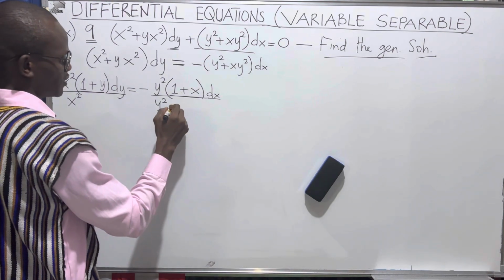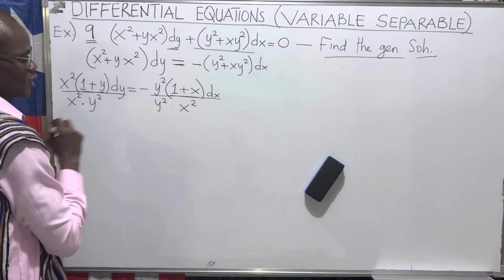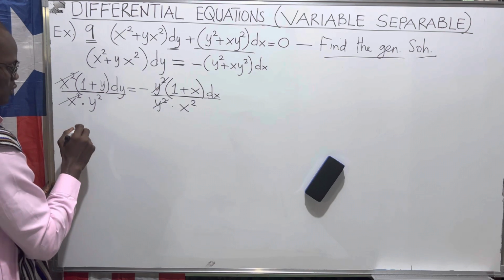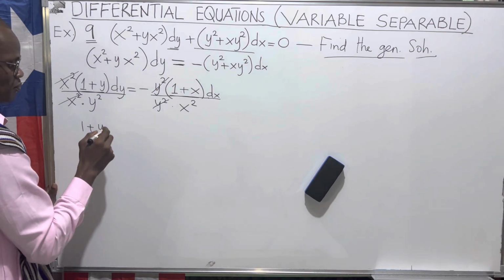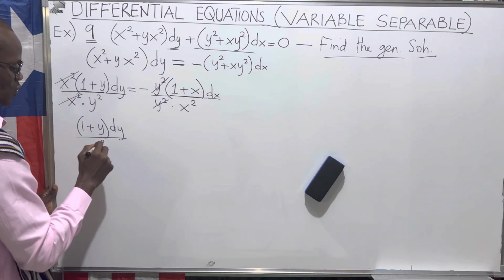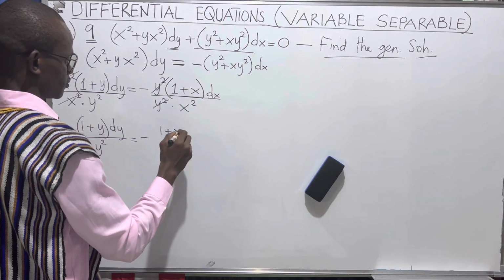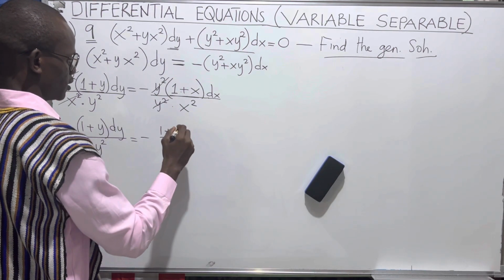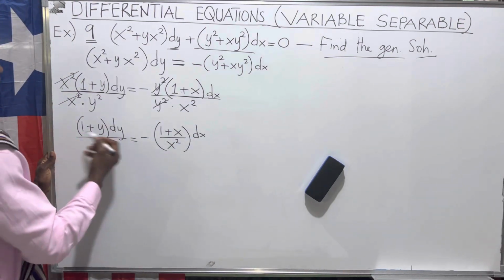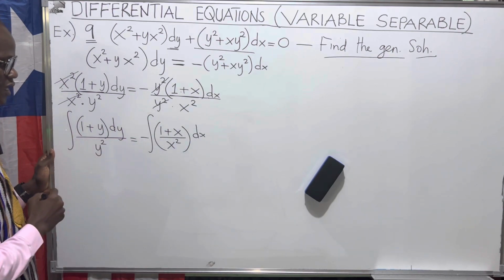So we divide both sides by x² and by y². So y² will carry this one out, x² will cancel x², and we'll be left with (1 + y) dy divided by y² equals negative (1 + x) all over x², times dx.